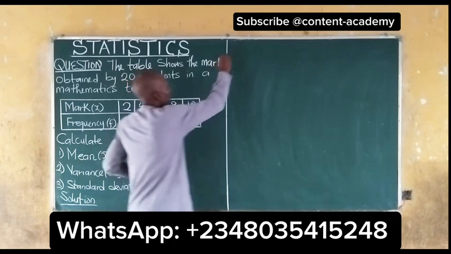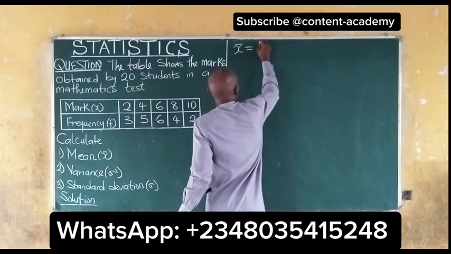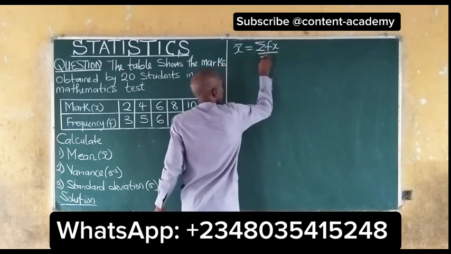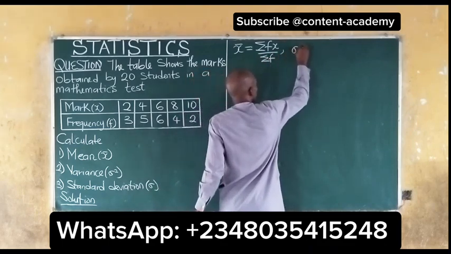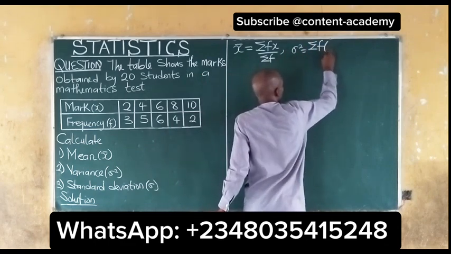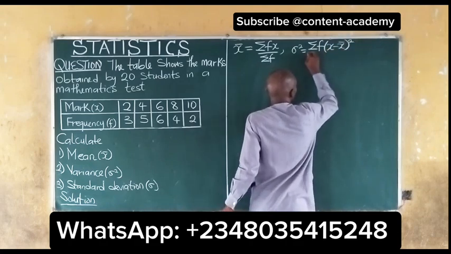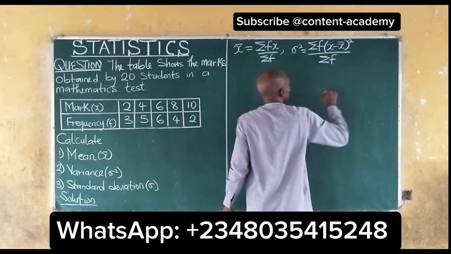First, we know the mean for group data to be the summation of f of x all over the summation of f. And we also know the variance to be the summation of f of x minus x bar, which is the mean, all over the summation of f.